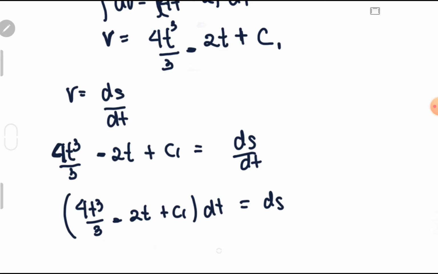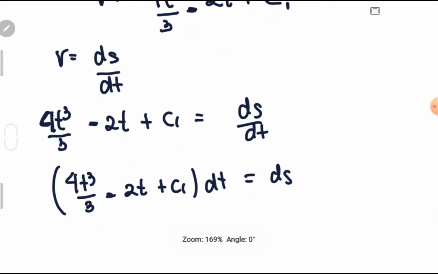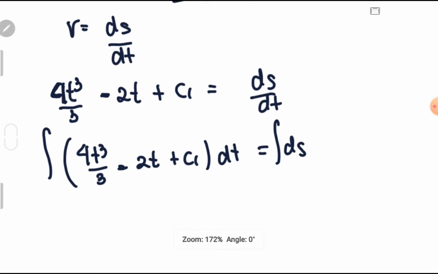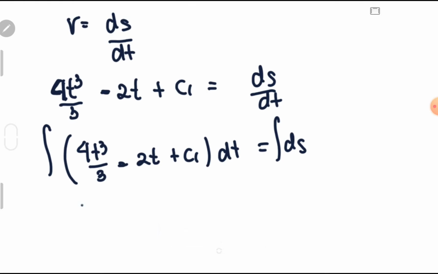In order to get the equation of s, we will integrate v. So we'll have 4t⁴ all over 3 multiplied by 4, from the integration formula uⁿ⁺¹/(n + 1) plus c.